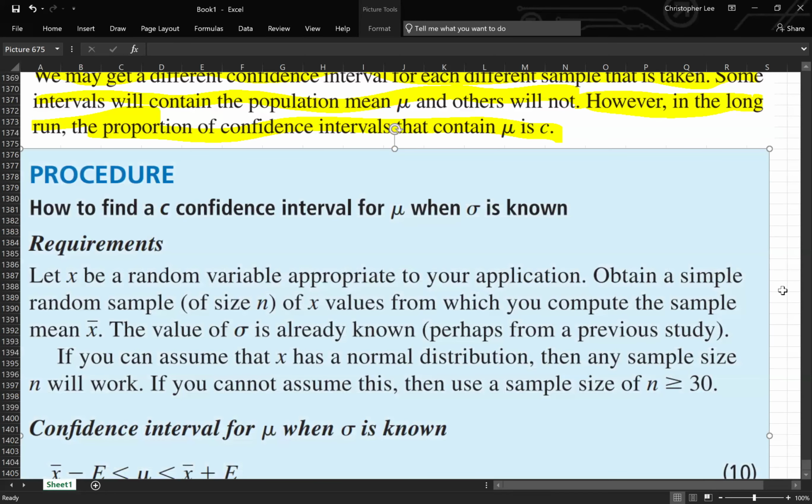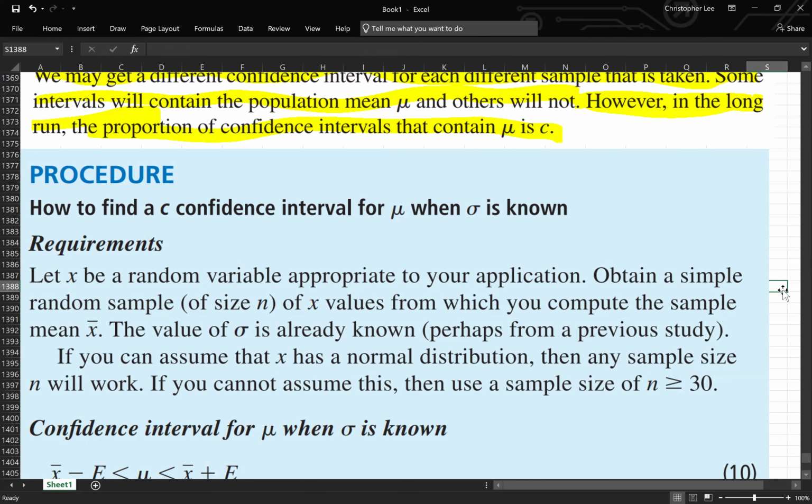All right. So the procedure right here. This is how to find the confidence interval for mu when the standard deviation is known. This is what your homework is right here. So requirements: let X be a random variable appropriate to your application.